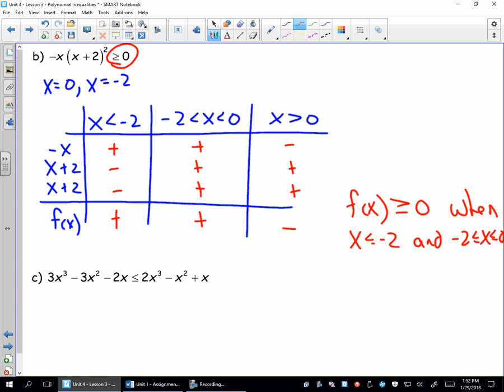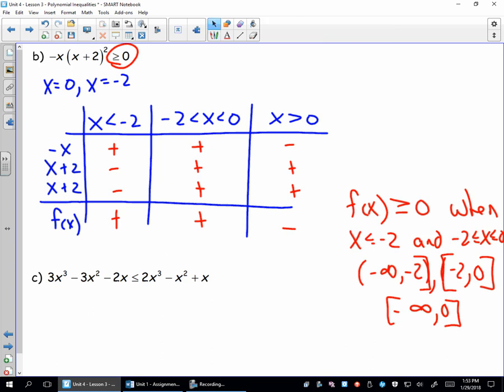Or if you want to use bracket notation, negative infinity to negative 2 and negative 2 to 0. I'm going to put square brackets on these ones, right? Because we have equal signs this time. Now, notice that at negative 2, it's included in both intervals. You could actually shortcut this if you wanted to. You could say negative infinity to 0. Because at -2, it is a 0, but that's allowed in this case because we have an equal sign.